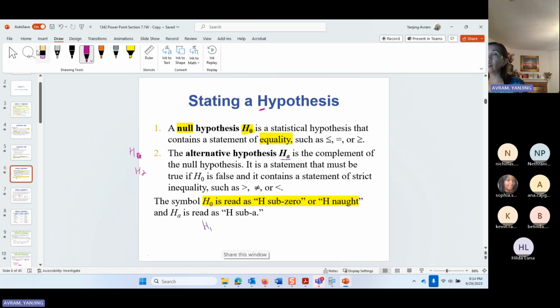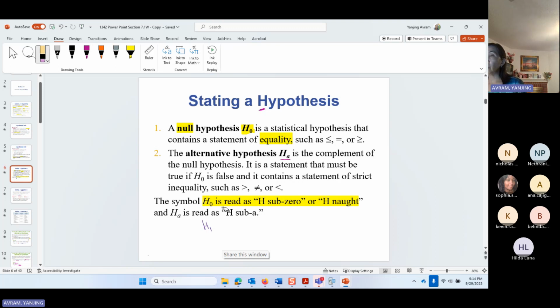Since null always includes 0, we always have an equal sign. Okay. Less than or equal to, greater than or equal to, or just equal to. All right. The alternative one does not have an equal. The alternative one is always greater than, not equal, or less than. All right.